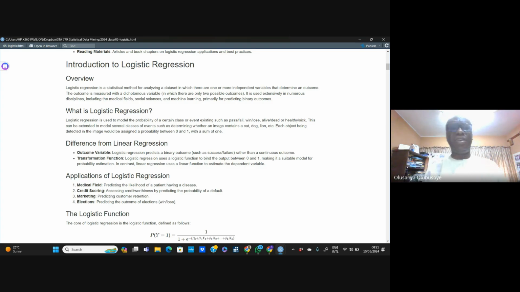So what that means is that logistic regression in a way will be calculating the probability of one of these outcomes, which you will consider as a success.